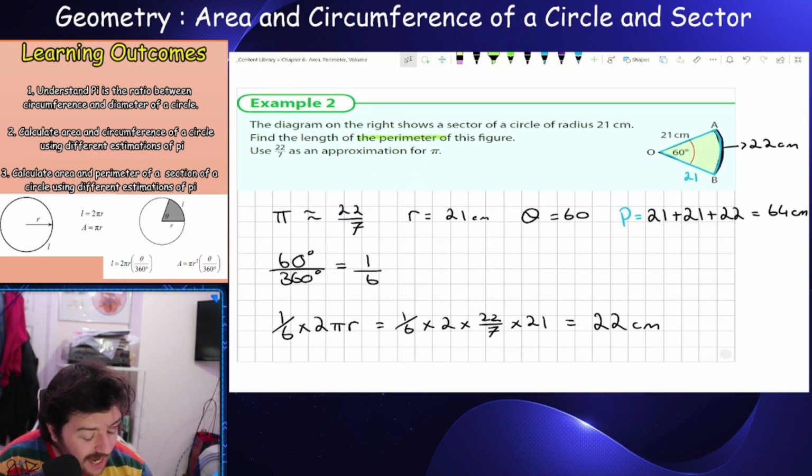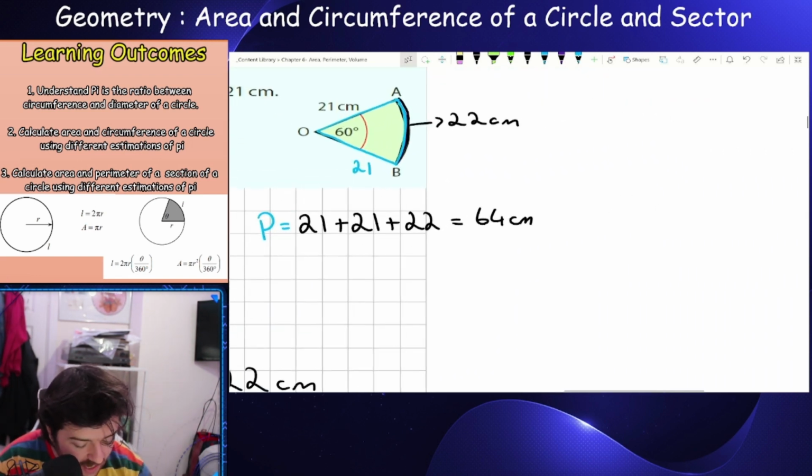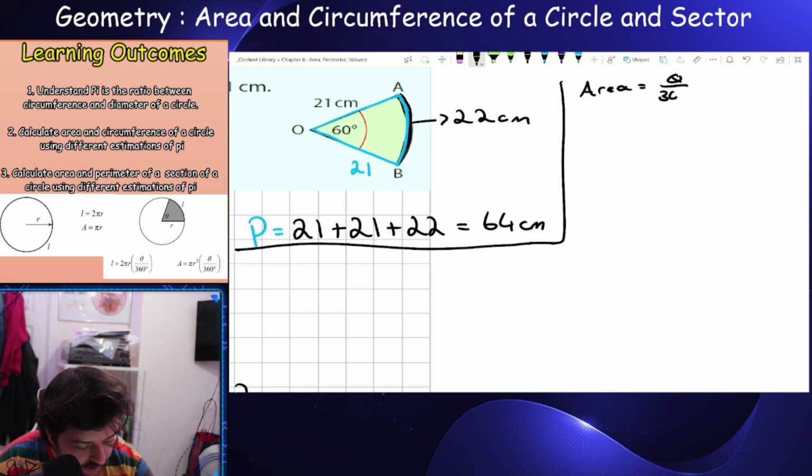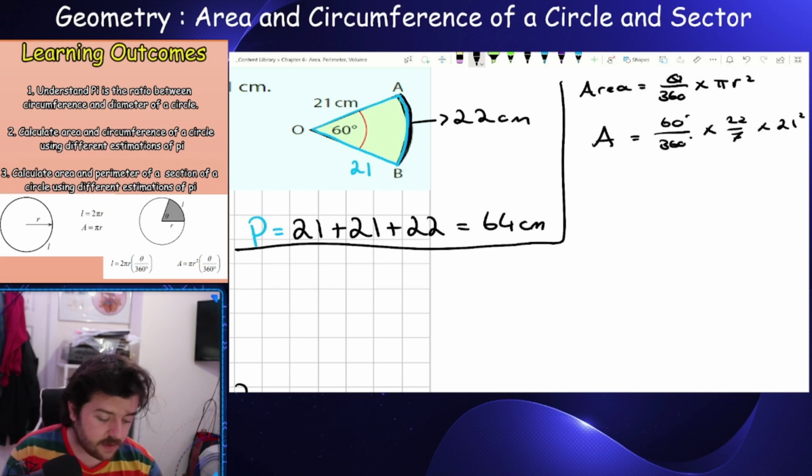If I wanted to calculate the area of this sector, again, it's going to be the degree over 360 multiplied by pi r squared. So the area is 60 degrees over 360 times 22 over 7 times 21 squared.